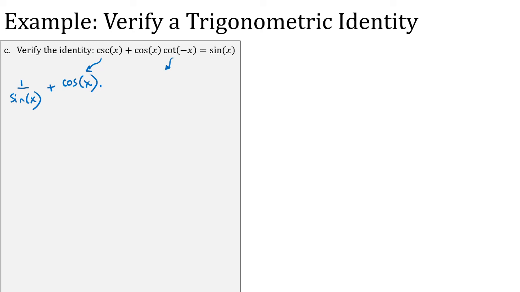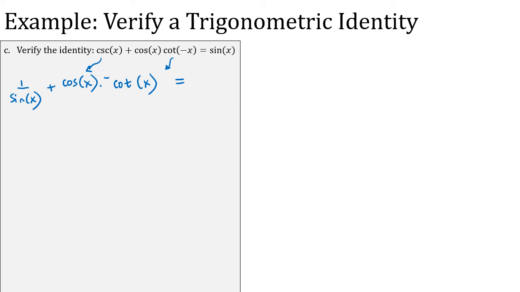Cotangent is an odd function, and in an odd function we can get rid of the negative inside that angle by pulling it to the outside. So I'm going to call that negative cotangent of x. All right, and I'm working toward getting all of that left-hand side to equal the sine of x.